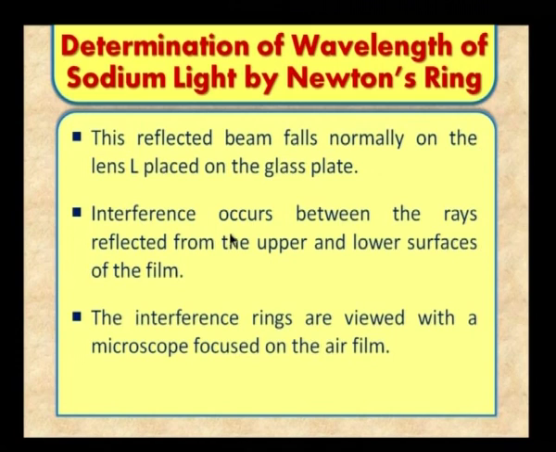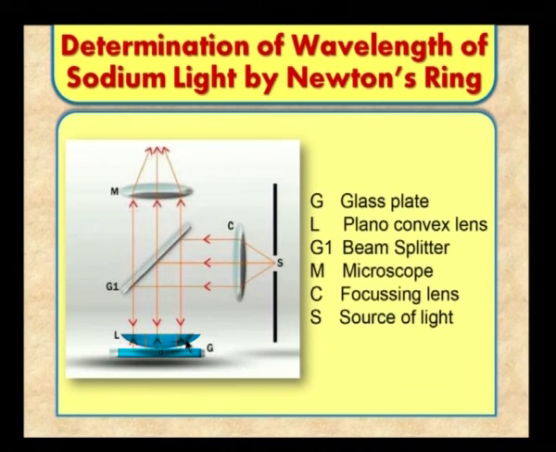You will see now the reflected beam falls normally on the lens L placed over the glass plate. Interference occurs between what? The interference will be occurring between two rays. You see here, a light ray will be incident on this system, and it will undergo reflection at this surface at the bottom of the lens.